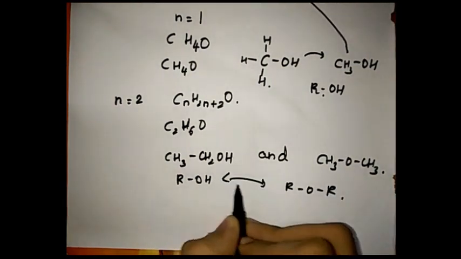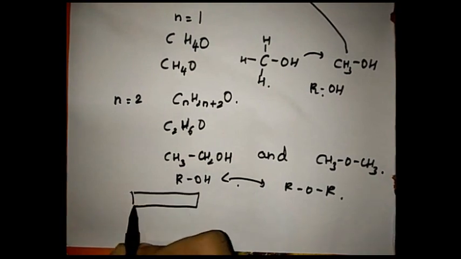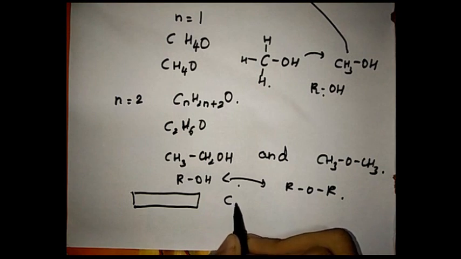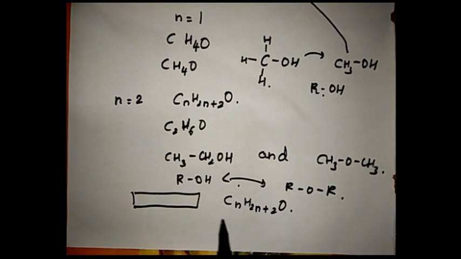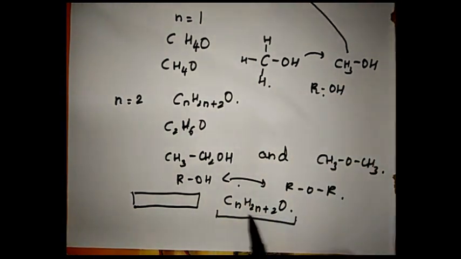So if any molecular formula is given which satisfies this general formula CnH2n+2O, it should click in your mind that it can be functional group isomerism pertaining to alcohol and ethers.